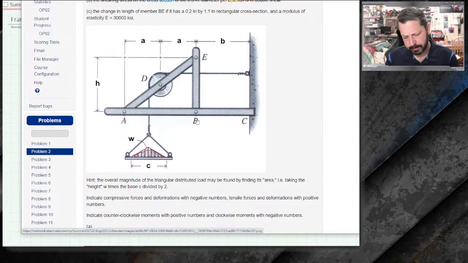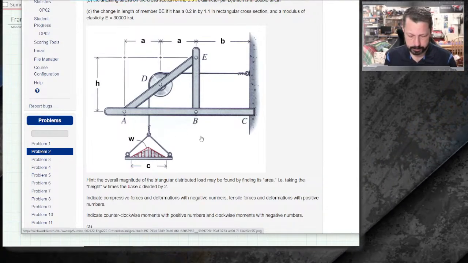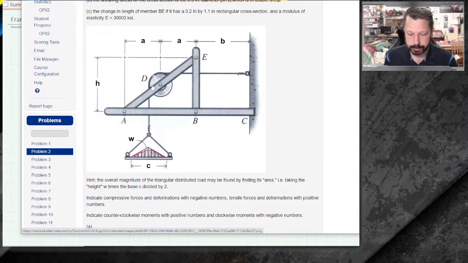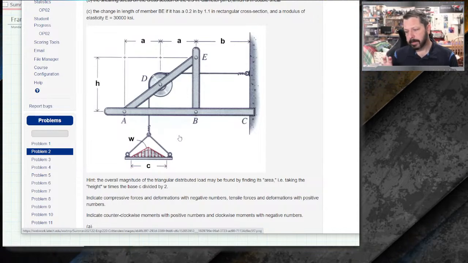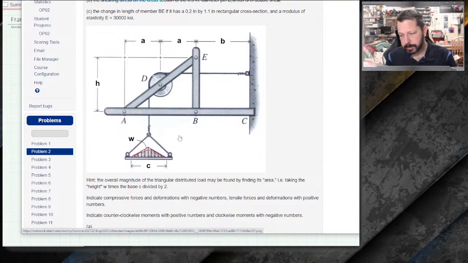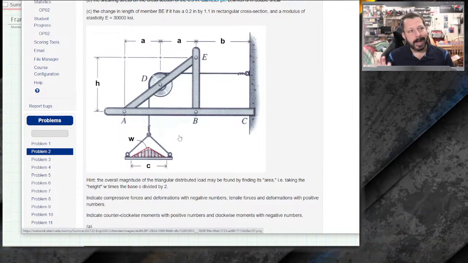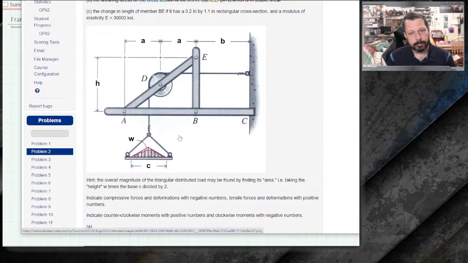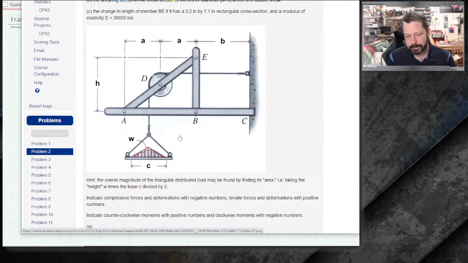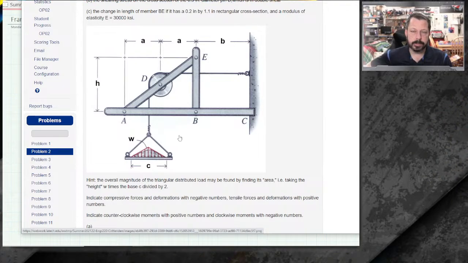I have to decide if it's a frame or a machine. It does have a pulley, but the way it's built, there's nothing that could actually move. It's just kind of hanging there. So it's just going to be a frame. All that the frame versus machine actually does is it kind of guides some of the very first parts of solving the problem. You don't even really have to be able to tell if it's a frame or a machine in order to start solving the problem.